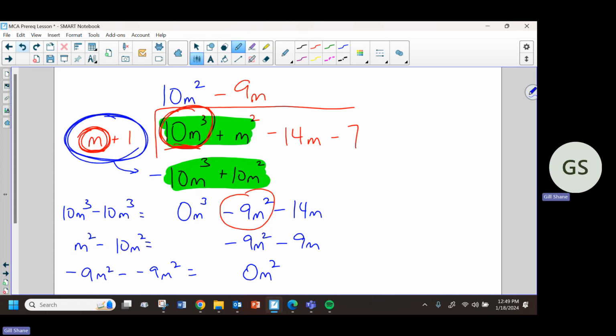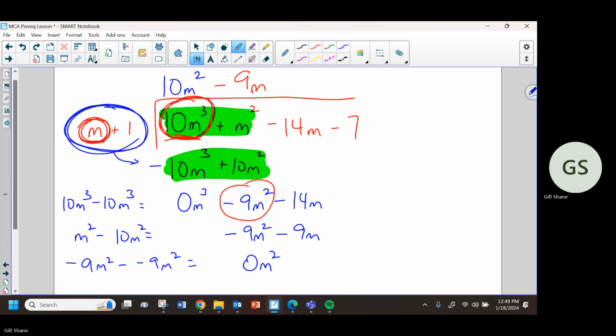And then I'll scroll down a little bit. I'm now saying negative 14m subtract, and I have to include that negative, subtract negative 9m. So what did you get for that piece? Negative 5m. Again, just be careful, because it changes your whole answer if you miss one of them.